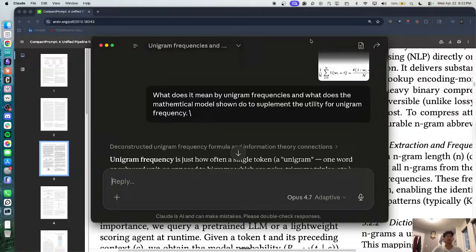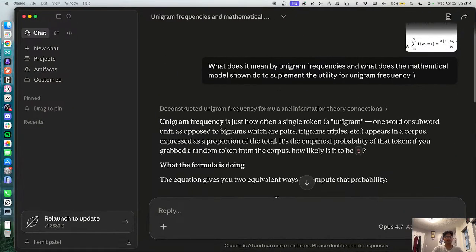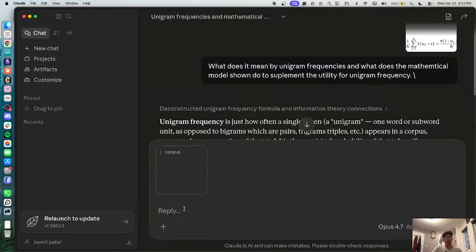Alright, so I'm just gonna make this a bigger screen like that so that we can do this a little bit better. Okay, unigram frequency is just how often a single token, a unigram, one word or subword unit, as opposed to bigrams, which are pairs, or trigrams, triples, etc., appears in a corpus. Corpus just means a body of text, which I should actually ask. Does this just mean a body of text within the realm of AI?